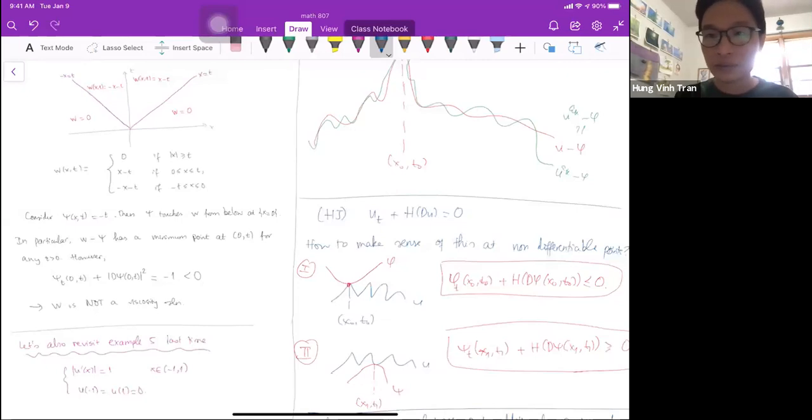Bianchini was a student of Bressan, but for general systems of conservation laws in multi-dimensions, you cannot so far come up with a good definition of solutions. People come up with various different definitions, but for every single definition, you don't have well-posedness so far.